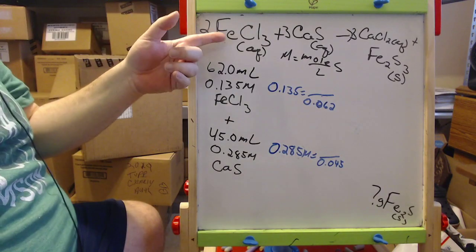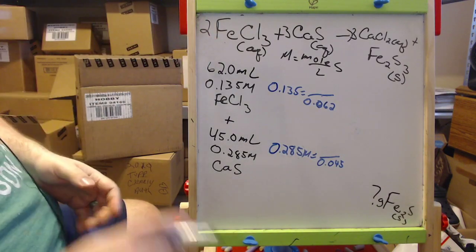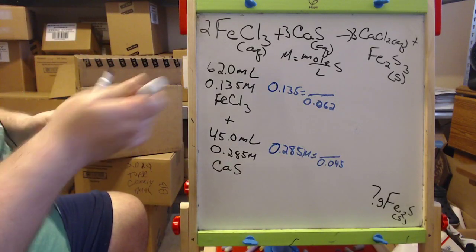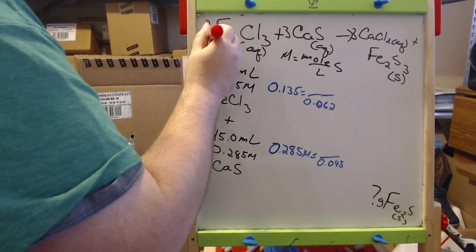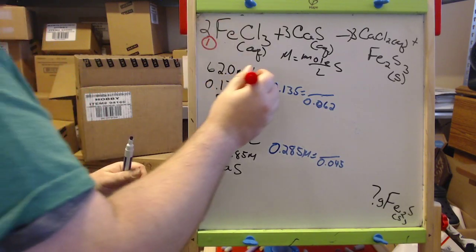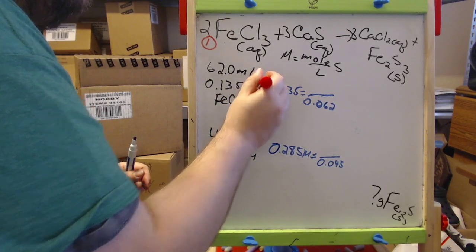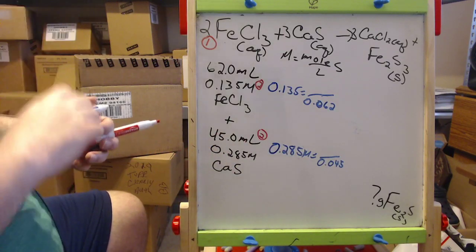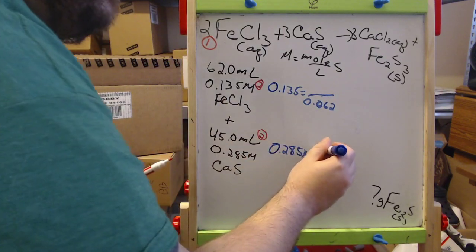Well, step one is really balance the equation. If we want to go through the steps again, this is step one. This is step two. Figure out the number of moles of each reactant that you have. So we're solving for X here.